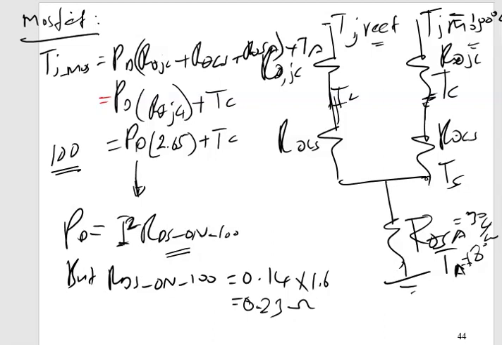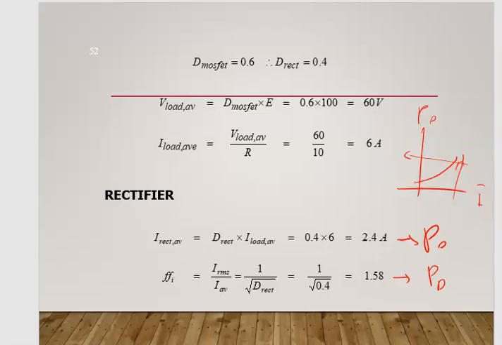Then we have to find how much is our I. This I is IRMS. Even though you might not have to calculate, we just discuss how the values are actually obtained. First we have to find the average voltage induced in our system. We can see that the MOSFET is operating at 0.6, or 60% on.